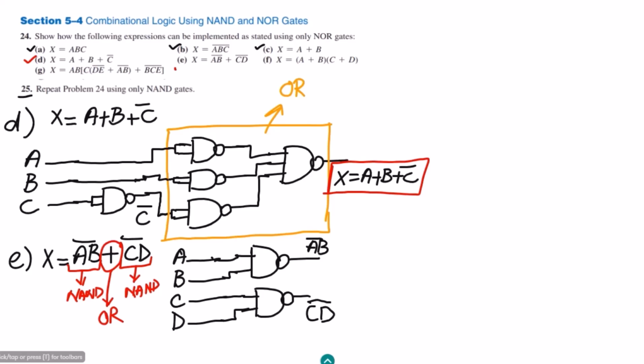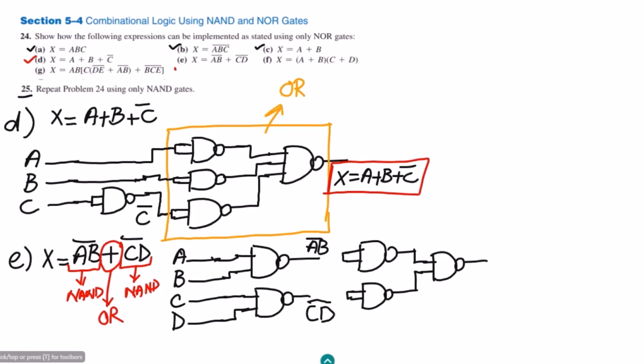After that we have to add them together, and the adder by using the NAND gate is this second one. The two inputs are combined together and these are applied to the final 2 input NAND gate.